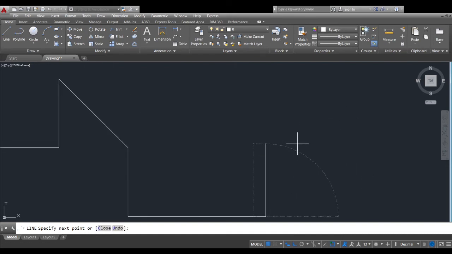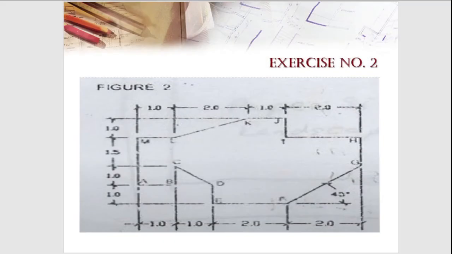Okay. And now we're going to point G. So you can see from the figure that we moved 2 units to the right and 2 units upward, no? So there are movements both in x and y coordinates. So our last coordinate is 10, 14.